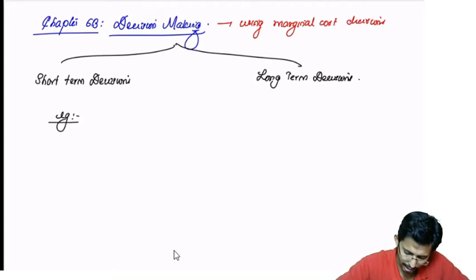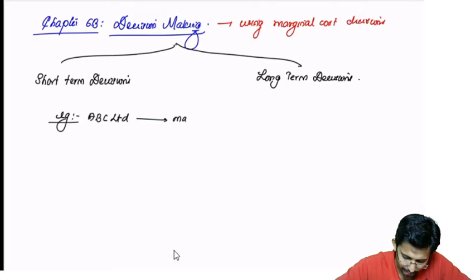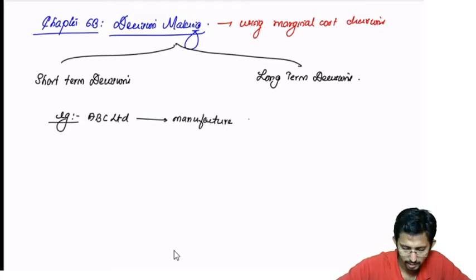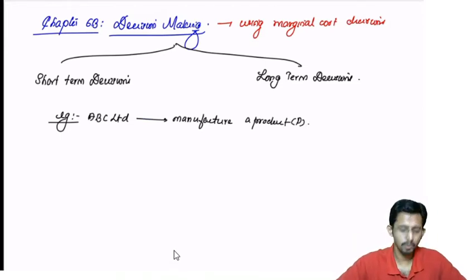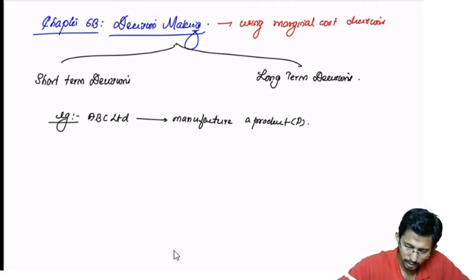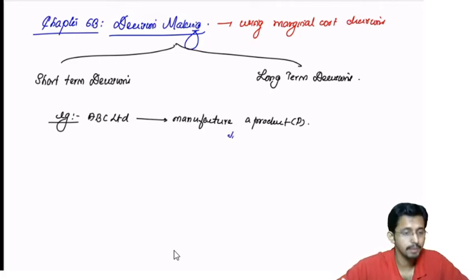Suppose you are starting a company, let us say ABC Limited. The activity of this company is to manufacture a product called P. Now I am giving you the details of this particular product and its cost structure for manufacturing.